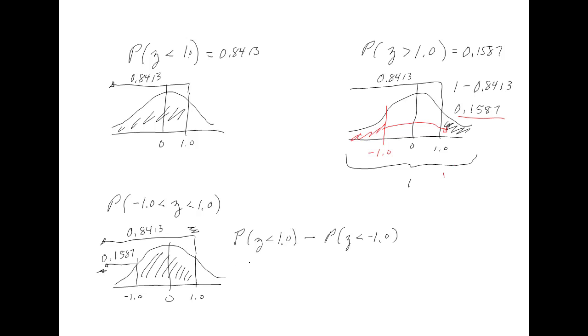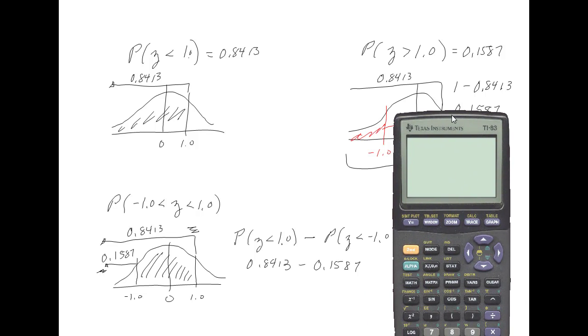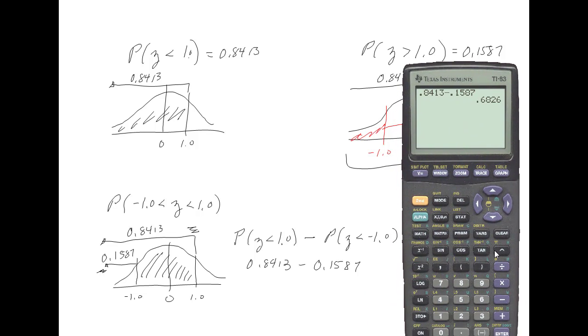And we do those, we got 0.8413 minus 0.1587. So we're going to do that math. I got 0.8413 minus 0.1587, and that turns out to be 0.6826.